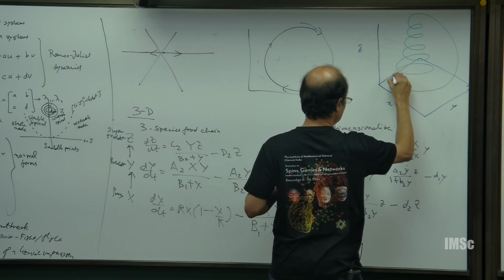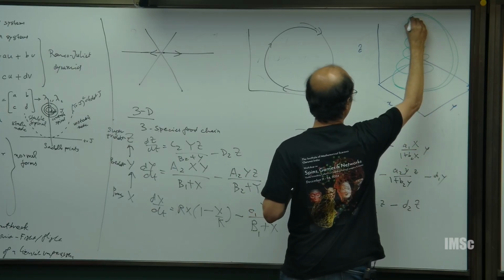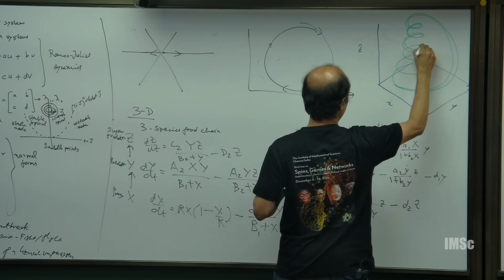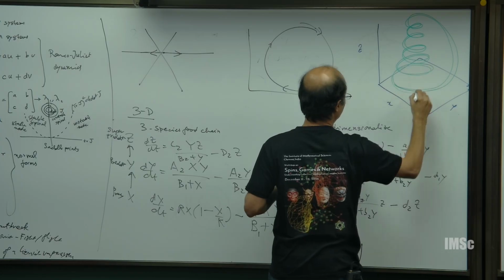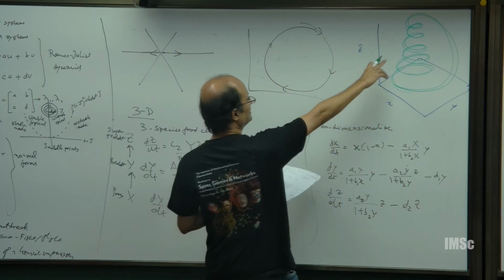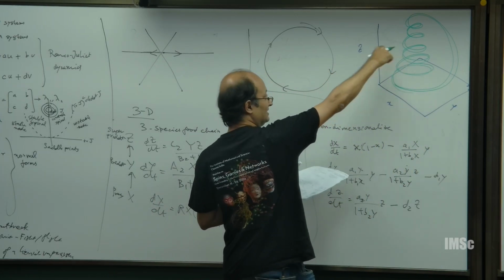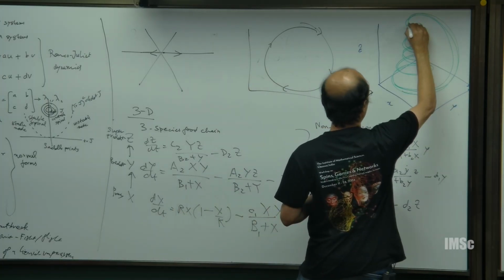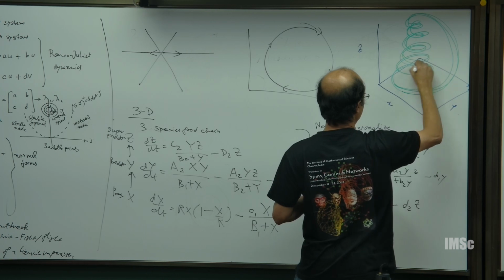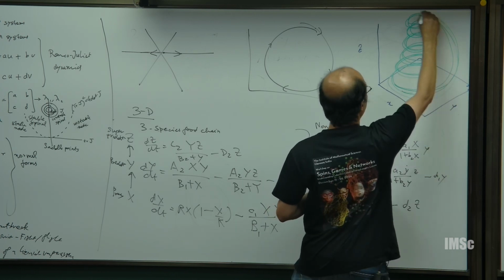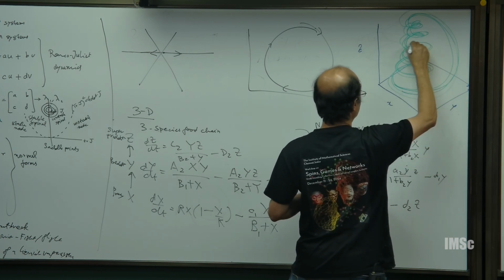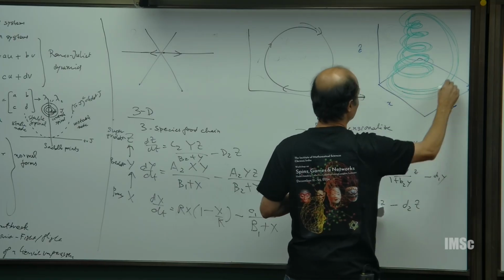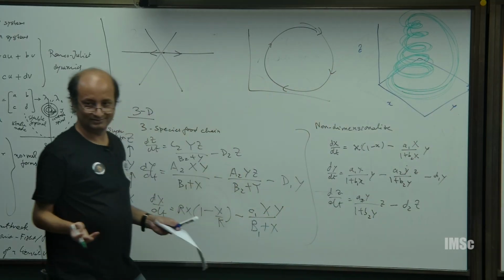This is not crossing itself because this is happening in 3D. If you look at a section, it looks as if these curves are crossing each other, but actually they are forming a spiral kind of behavior. Again and again they get injected and then go back again. So they never quite repeat themselves, and this can go on forever.